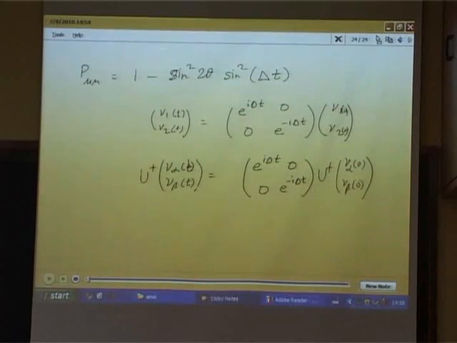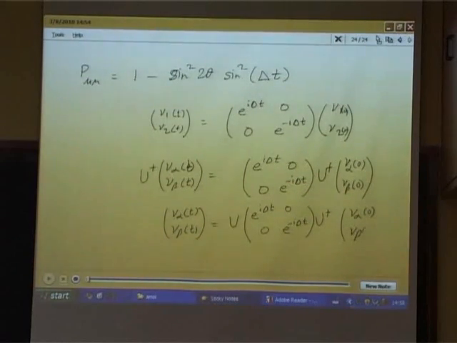So all I have done is to write this thing in terms of flavor. Now I pre-multiply this by U. Then I get nu alpha at t, nu beta at t is equal to U times the diagonal matrix with e power i delta t and e power minus i delta t, times U dagger times nu alpha at 0, nu beta at 0.